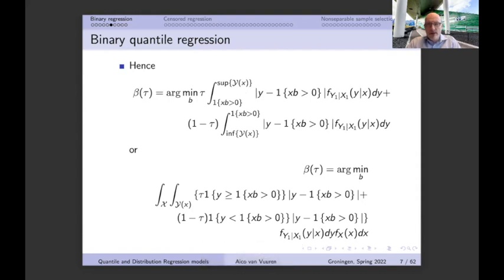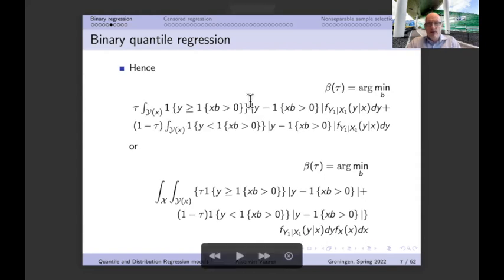So I'm going to get an indicator function that indicates that y must be larger or equal to this indicator function that we have over here. This looks a little bit bad because now we have an indicator function within an indicator function, but that's what we have right now.